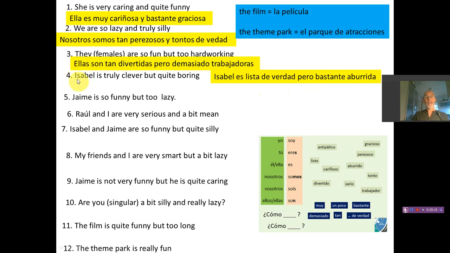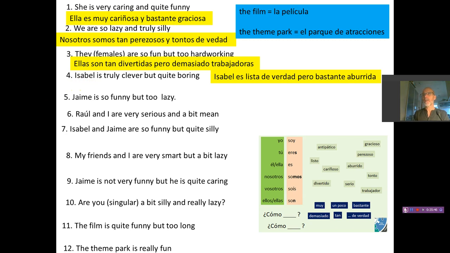And it's S, isn't it, guys? Because we're talking about the way to do this. If you're faced with names of people in your sentences and you're not sure whether to use soy, eres, es, somos, sois, or son, think about if you were to create a string of sentences about the person or the people and ask yourself how you would replace the word, for example, here, Isabel. So if we wanted to say, Isabel is very clever.